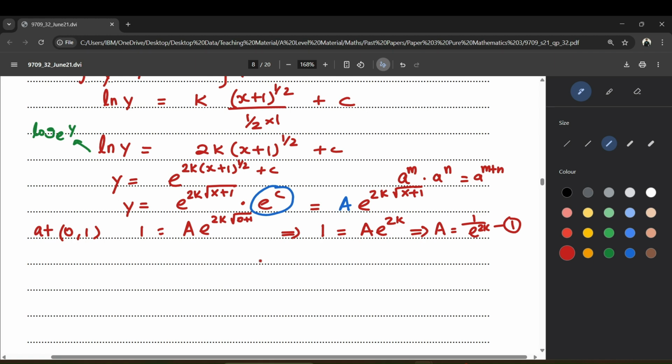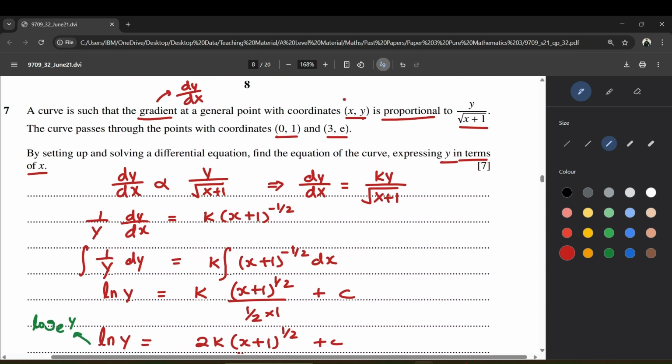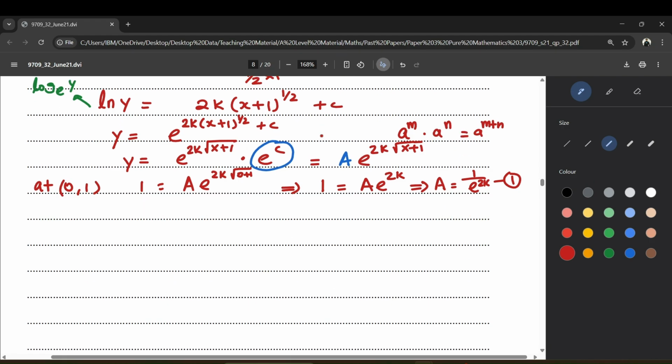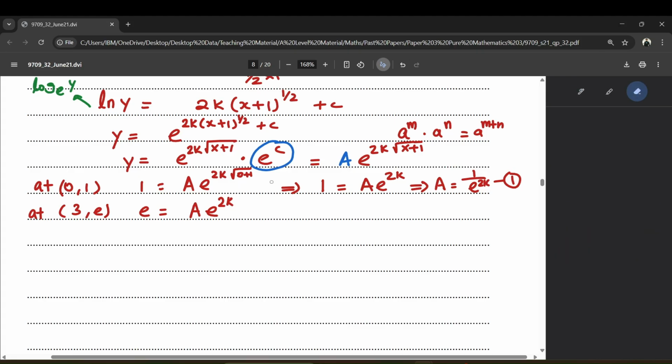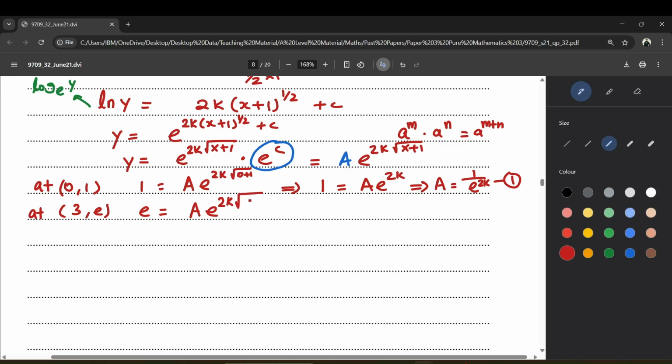Okay. All right. The second condition that's given to us is 3 comma e. So at 3 comma e is equal to a times e to the power 2k, and that will be square root of x plus 1. So that will be 3 plus 1.